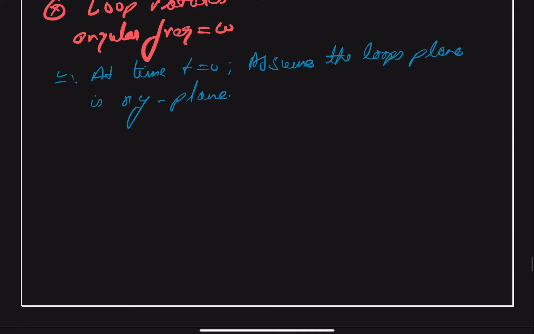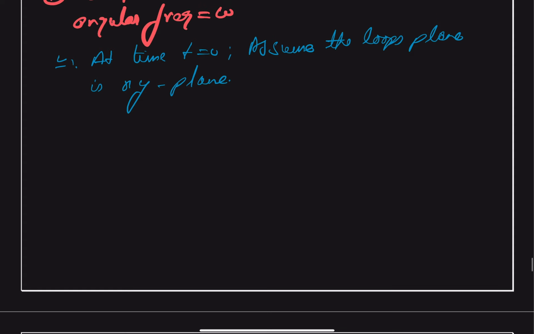Therefore, from here we can write that our area vector will be equal to pi a b, and we have this as a k unit vector. And obviously when it is going to rotate, the normal to the plane, that is our area vector, changes its direction.